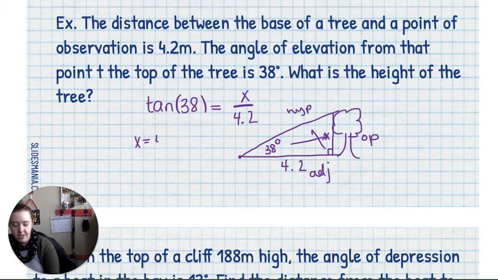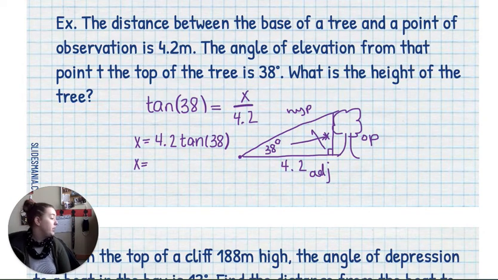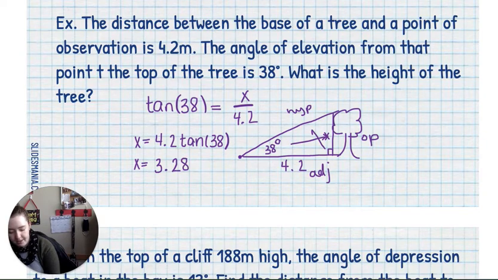And to solve for x, we'll multiply by 4.2 on both sides. And then when we pop that into our calculator, being careful to be in degree mode, we're going to end up with 3.28 meters. Okay, good deal.